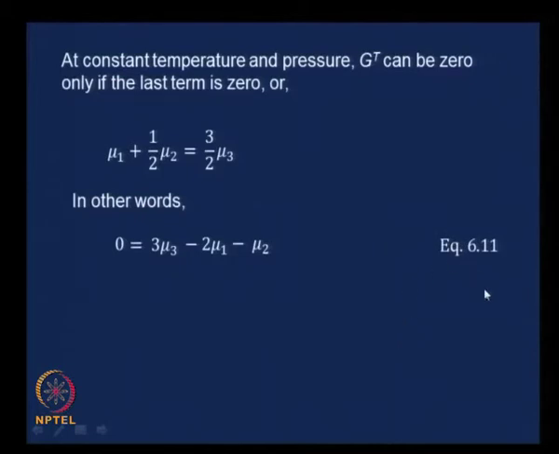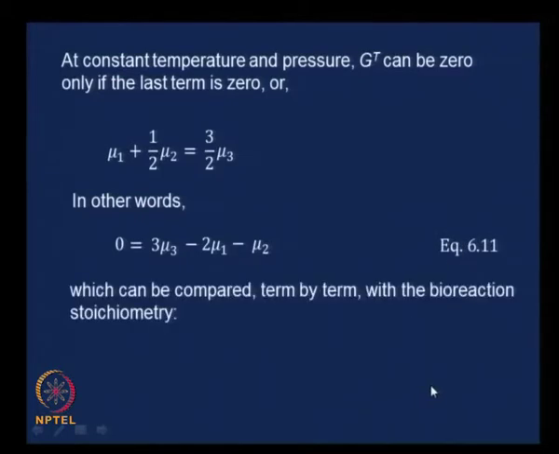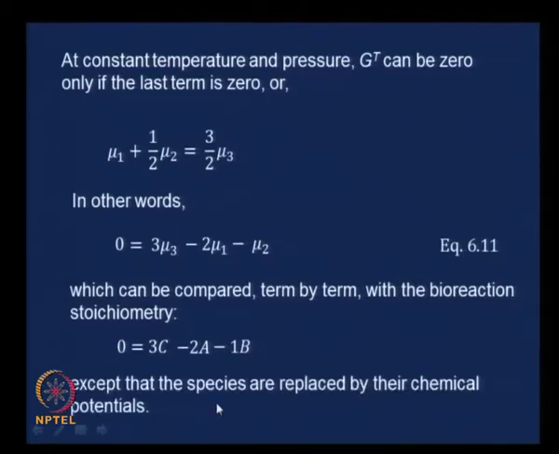We will call this equation 6.11, which can be compared term by term with the bioreaction stoichiometry as 0 equals 3C minus 2A minus 1B, except that the species are replaced by their chemical potentials. Can you see this here, 3C minus 2A minus 1B, whereas here for the condition of equilibrium we got 3 mu_3 minus 2 mu_1 minus mu_2.